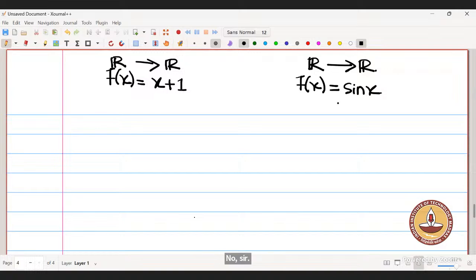This is not one-one, right? And what about onto? Not onto, sir. Not onto, right? Because sine x is, of course, in between -1 and 1. So there are a lot of points which you are missing.